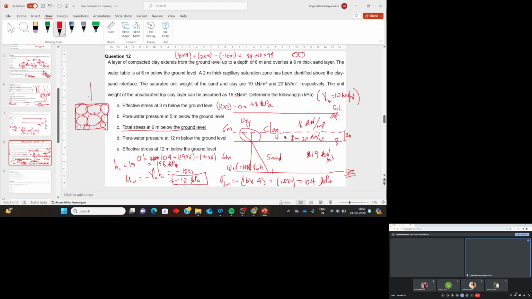Now if you apply a load, which can be converted to a stress sigma, this applied sigma will be taken by which components?